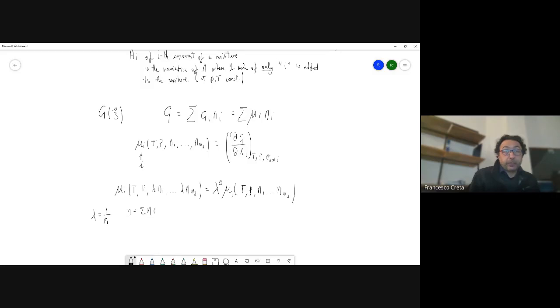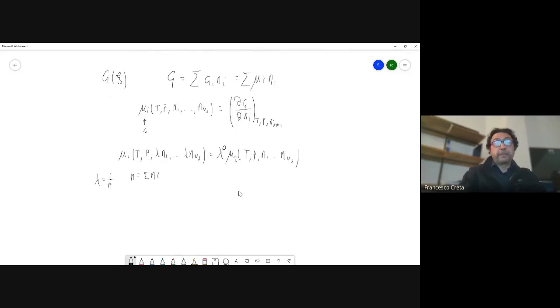There's nothing which forbids me from this, and therefore, you can actually see that if we do choose it like this, then we can even express the chemical potential as a function of these quantities, which are clearly the mole fractions.